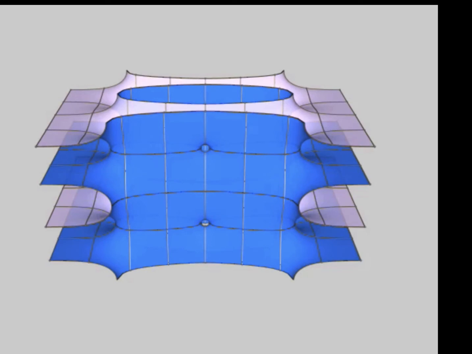What we see is that Weber's genus 2 surfaces look like two doubly periodic Scherk surfaces, one on the left side, one on the right side, with a singly periodic Scherk surface glued in between.